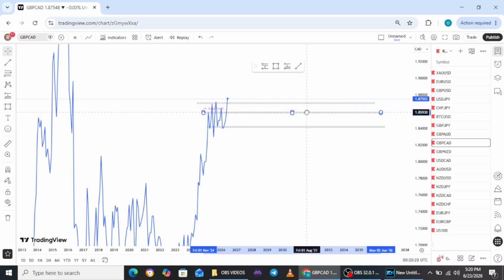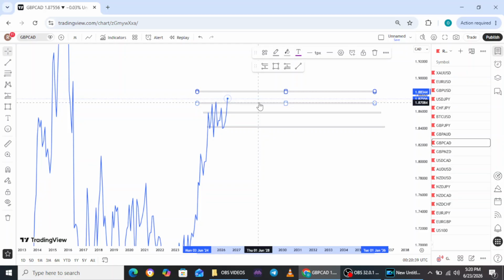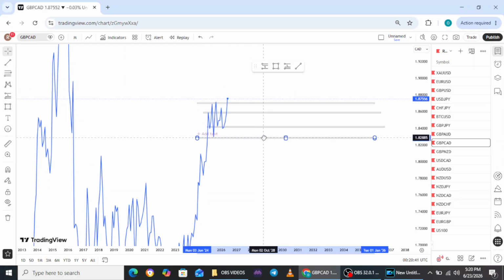I always recommend you draw your structure using line chart. Just target these sharp bends. These are the areas where the market really reacted from, though the candlestick sometimes can be so noisy.